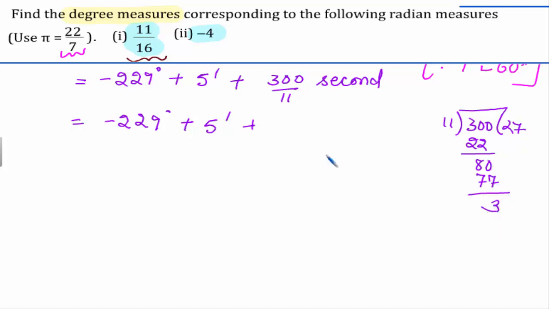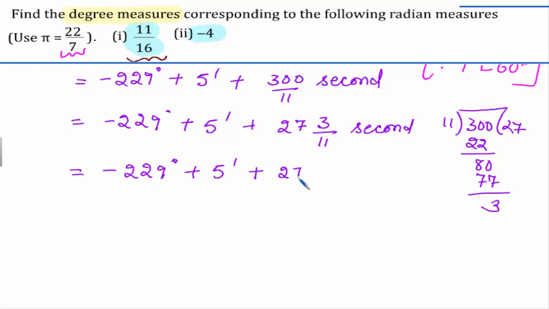Now 3 remainder, so we have 27, then 3 upon 11 second, which is equal to minus 229 degrees plus 5 minutes plus 27.2 seconds, which is equal to minus 229 degrees, 5 minutes and 27 seconds approximately.